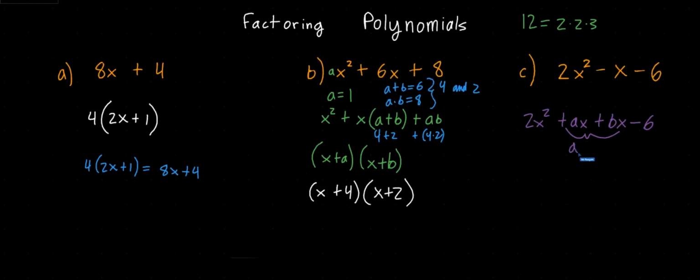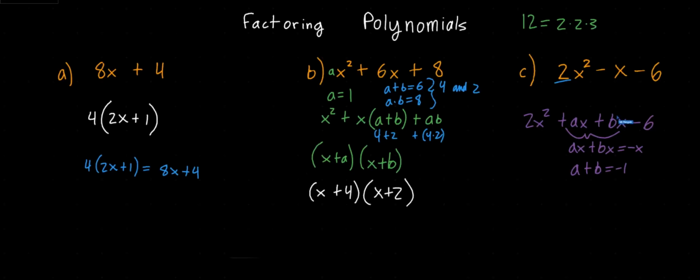This would mean that ax plus bx is equal to negative x, or in other words, a plus b is equal to negative 1. That means we have to find two numbers that add to negative 1, but also have factors found in 2.